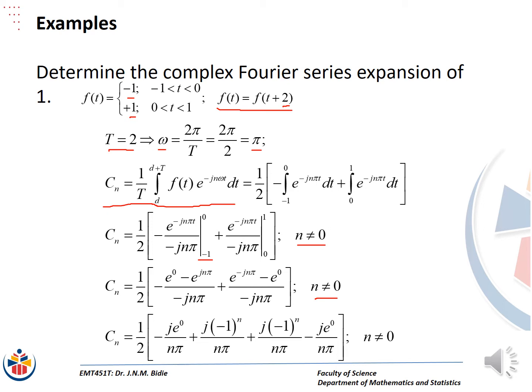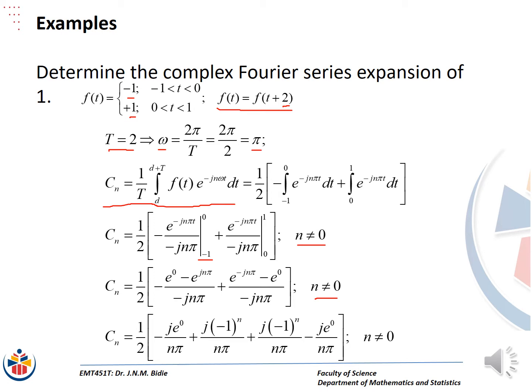And then we have to remember that e to the power jnπ and e to the power negative jnπ are both equal to (-1)^n. Reason being, e to the power jnπ, when n is 0, we will have cos 0 plus j sin 0, which is going to be 1.